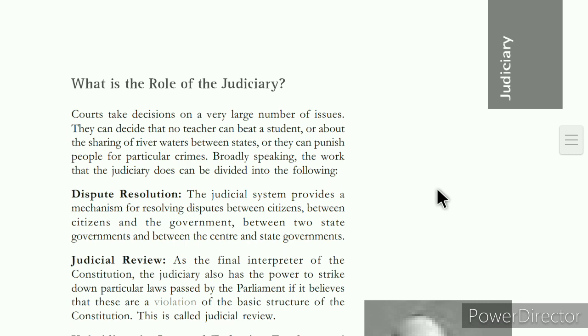What is the role of the judiciary? The court takes decisions on a very large number of issues. Whatever the cases are, there are different types of cases, and all the cases are handled by the court for giving justice to the people. They can decide that no teacher can beat a student, or about sharing river water between one state and another state.